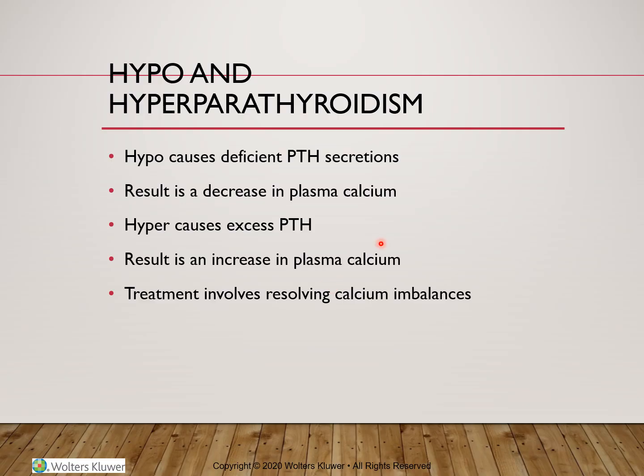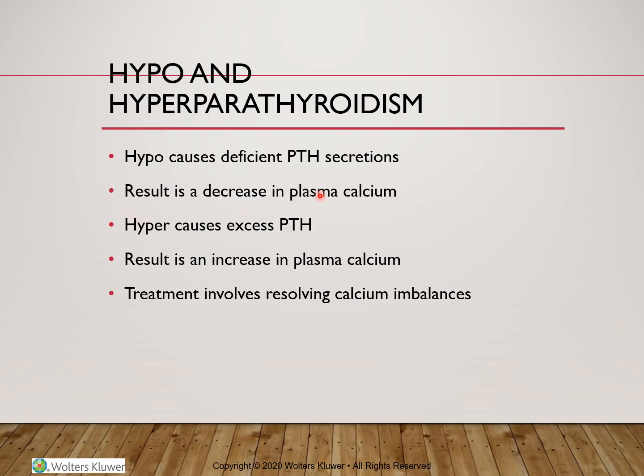As we mentioned, parathyroid hormone has a significant impact on overall calcium balance within the body. So if we have patients with either hypo- or hyperparathyroidism, we're also going to impact the patient's overall calcium balance. Hypoparathyroidism causes an overall deficiency in parathyroid hormone secretion, and these patients will have a resultant decrease in their plasma calcium levels.